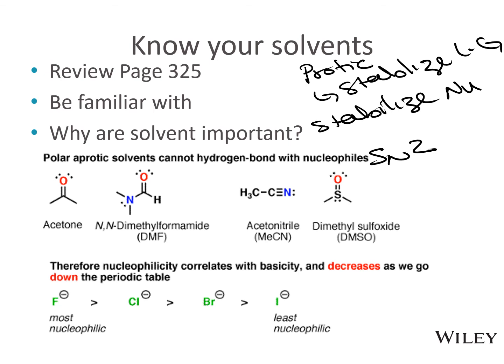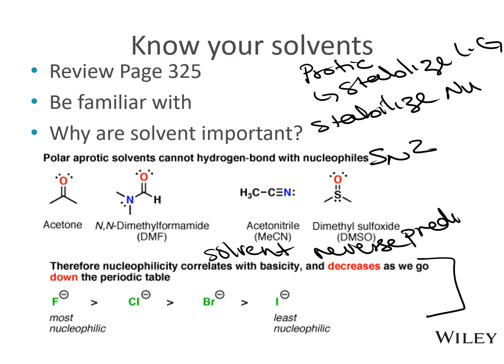Now, when we talk about our order of stability of nucleophiles or reactivity of nucleophiles, there are different orders that we can look at, and you'll see that on the next page. But what I want to point out is your solvent can actually reverse the predicted reactivity or stability of our nucleophiles.